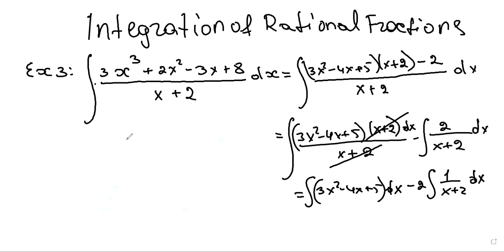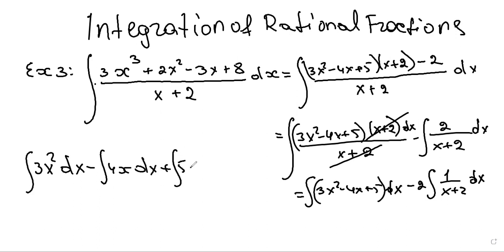Now we can separately write these as 3x squared dx minus 4x dx plus 5 dx.